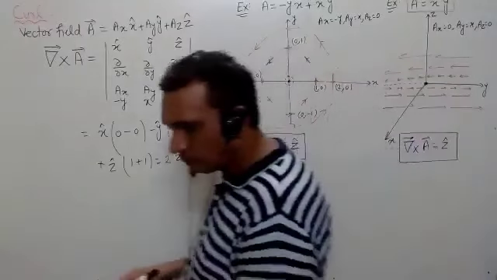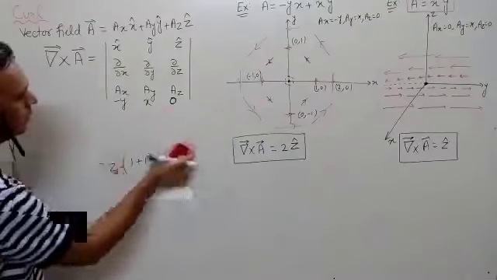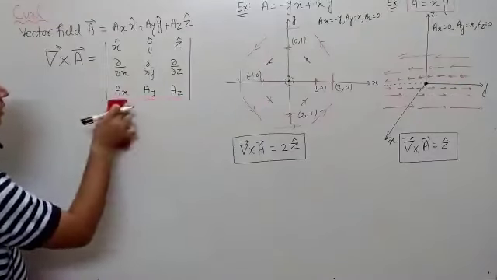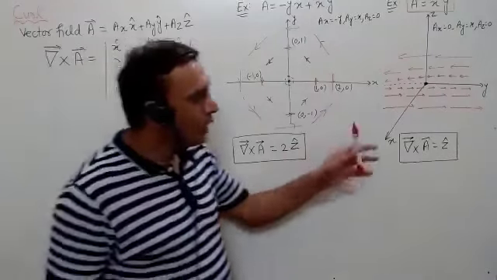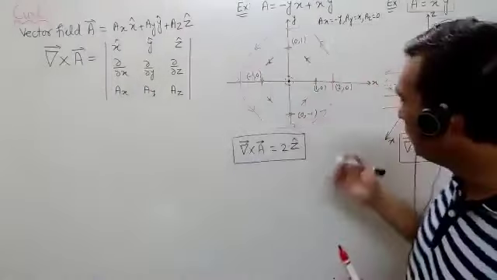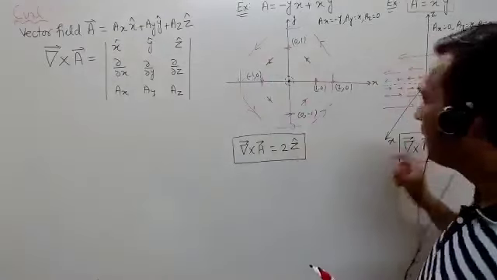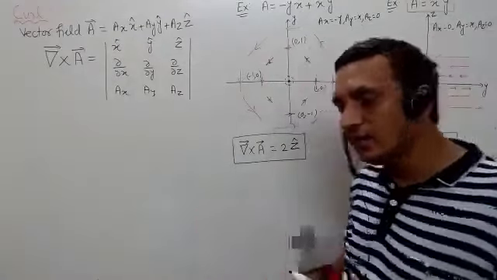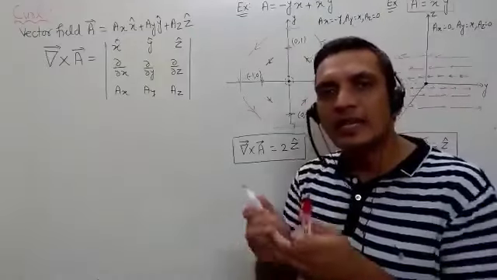Okay? Now you can compare the curl in these two vector fields. As you can see, curl has magnitude and direction. So the direction in both cases is the same, so that you can easily compare.